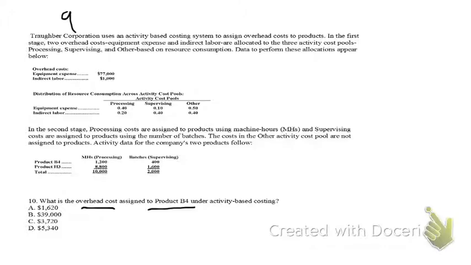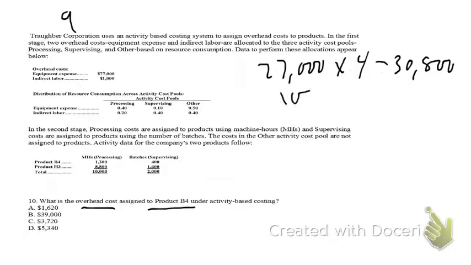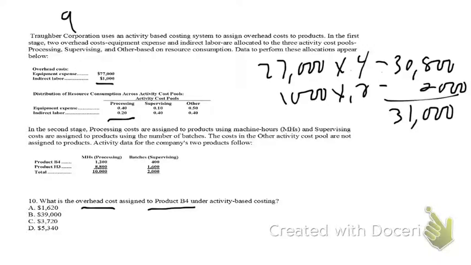When I do that, I get 30,800. Then I add to that 1,000 times 0.2. Where did I get the 0.2? There. Where did I get the 1,000? There. That's 200, so that's 31 grand. Then I take that 31 grand and divide it by the total number of hours for processing, which is 10 grand, and I get 3.1.